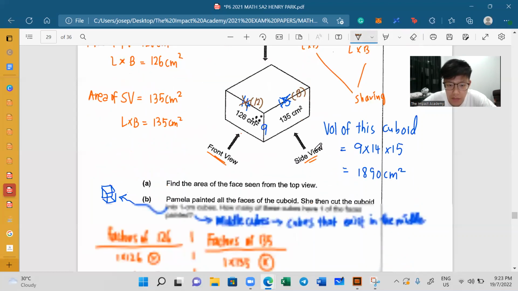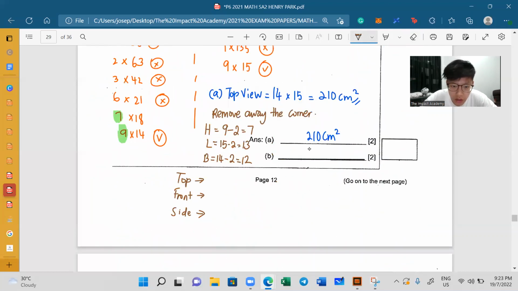So for the top, it's simply 12 times 13, but don't forget top and bottom, so therefore two sides. Two sides is equal to 12 times 13 times 2. Therefore, this is 312. Over here, you will get 312 cubes that exist in the middle and will only have one of their faces painted.